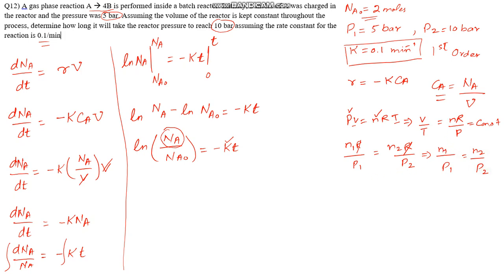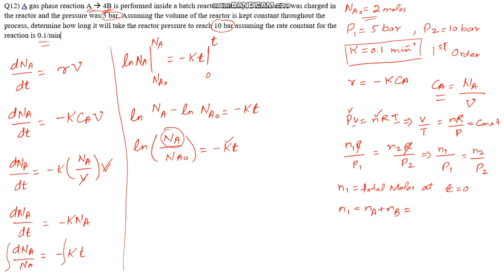So we need to take care here. N1 is the total moles at T equal to 0 when the reaction has not started. As there are two species, A and B, N1 will be equal to Na plus Nb.